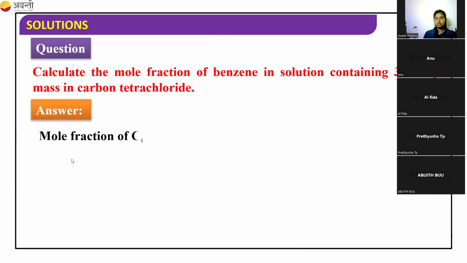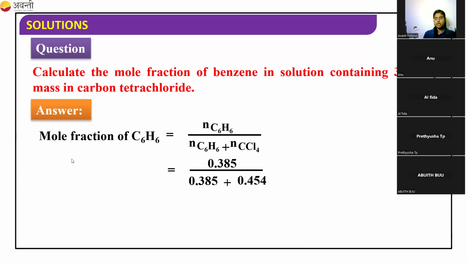So the mole fraction of benzene is the same thing which I have written. If you calculate everything, you will get 0.4583 as the mole fraction of benzene. So this is how we have to solve this question.